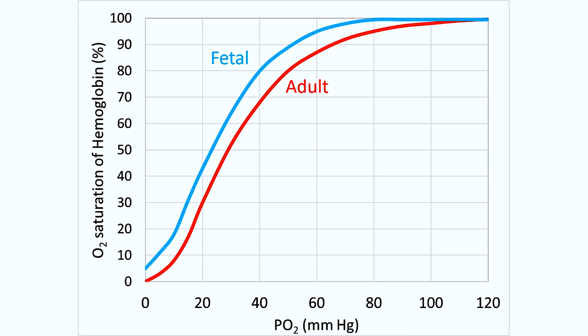As a result, for the same partial pressure of oxygen, the fetal hemoglobin will be more likely to bind the oxygen. As the oxygen gets released from the adult hemoglobin, it will preferentially get bound to the fetal hemoglobin, transferring it from mother to baby because of this difference.